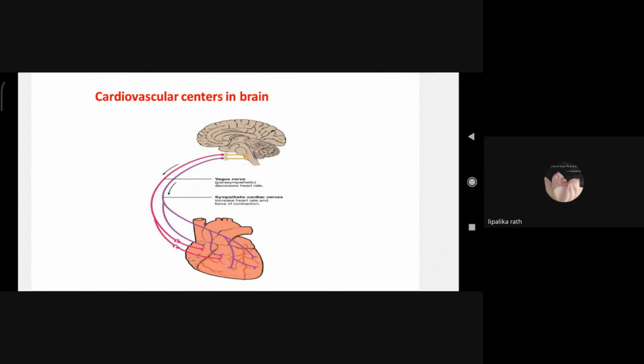So the vagus nerve comes to the heart and regulates the activity of the heart, and the centers for the sympathetic and parasympathetic nervous system for the heart are both located in the medulla.